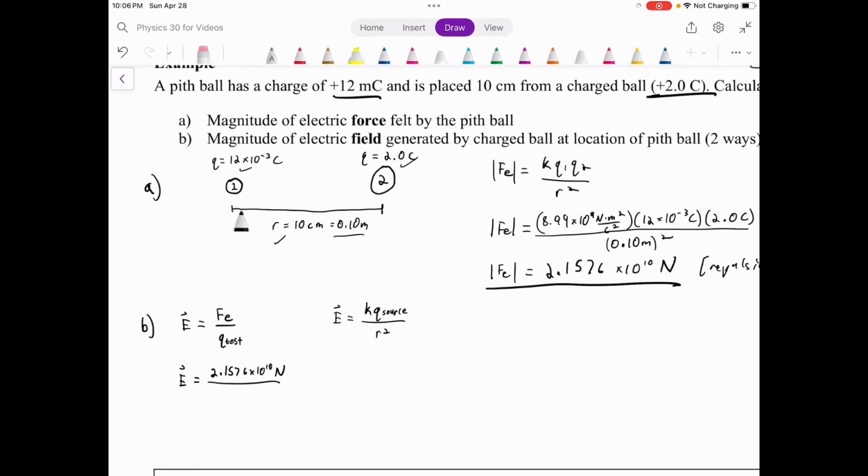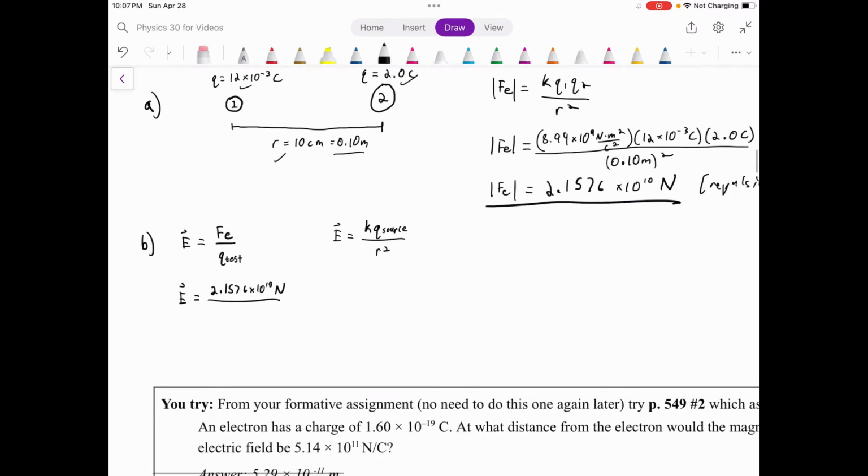Again, don't forget, the electric field just says how many newtons of force would something feel if placed here per coulomb of charge because of this thing's field, because that's the field we're interested in calculating. So we know how many coulombs of charge this thing had, and we know the force it felt because of this thing's field. So take that many newtons and divide it by the test charge's charge, and we can figure out how many newtons it felt per coulomb of charge, and therefore the electric field strength there.